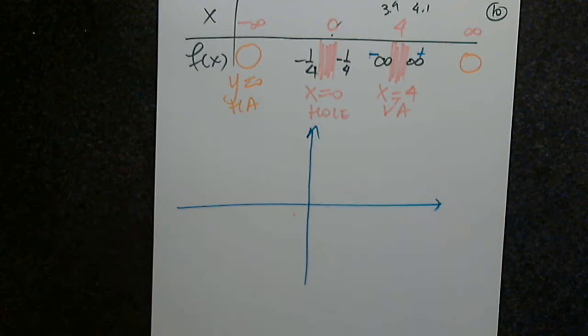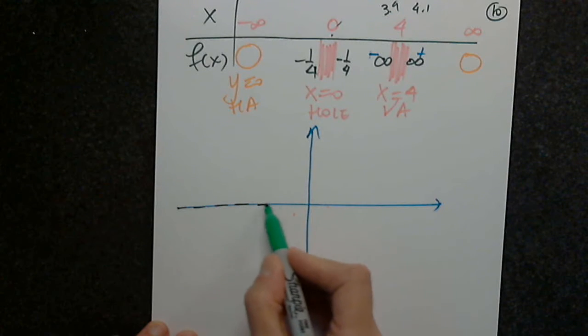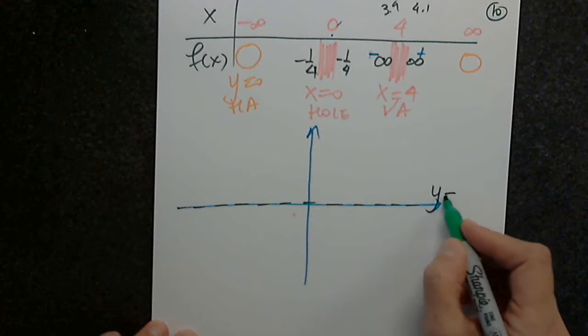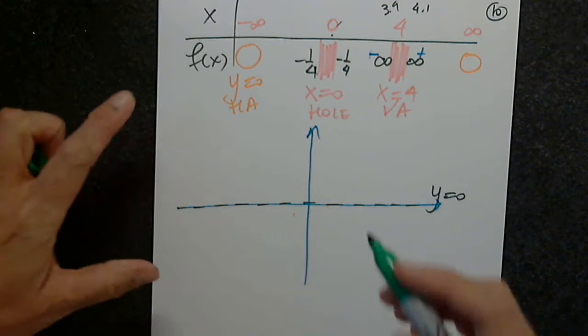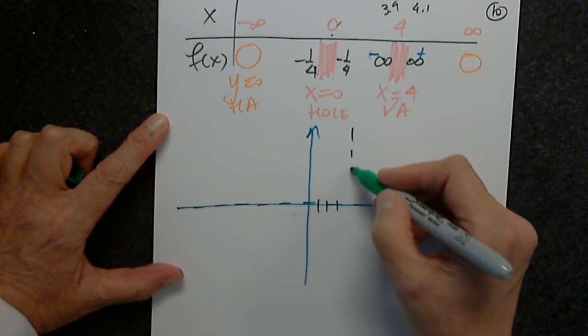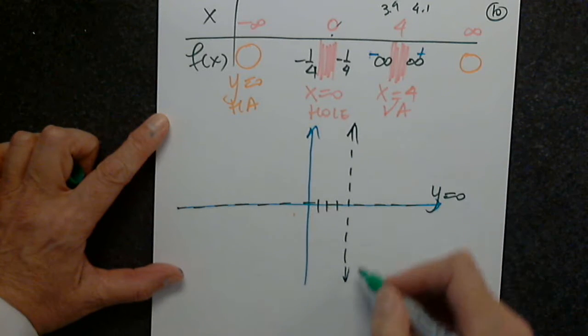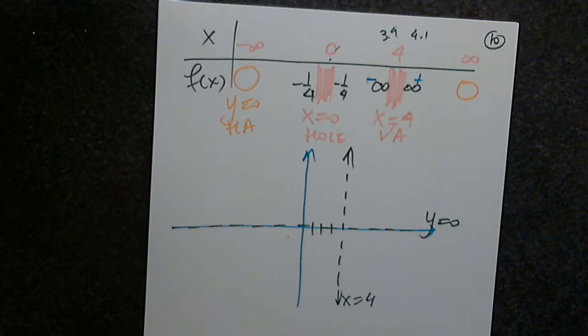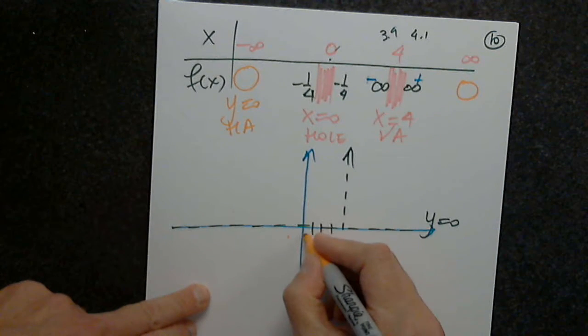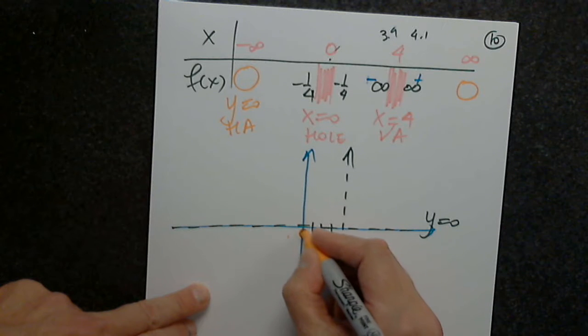We start with the asymptotes, but this is an overkill. There is no need to do this to establish y equals 0 because it's the x-axis. At 4, yes, x equals 4. And let's see, where does this go? 0, negative 1/4 is a point here.